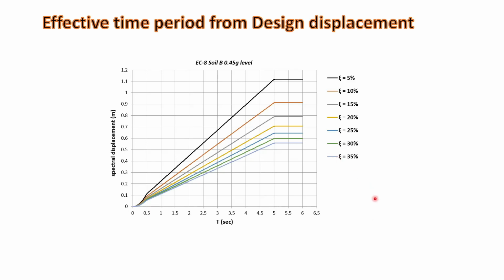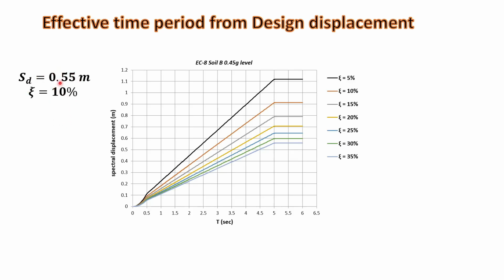In this spectrum, suppose you have already calculated for your system the spectral displacement 0.55 meter and the effective damping in the system is 10%. You have calculated this using some engineering principle, some dynamics, some procedure. So for this, we want to find the effective time period for the system.